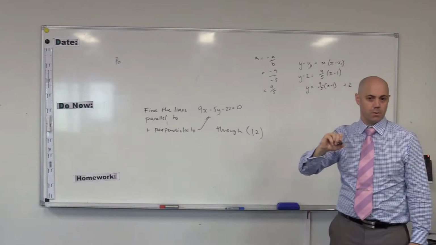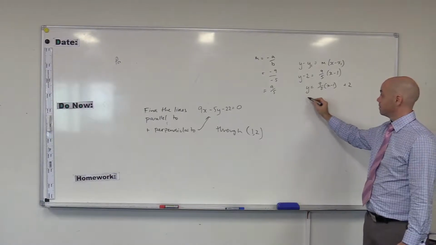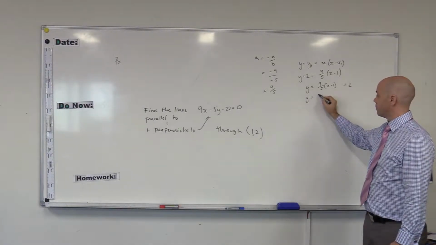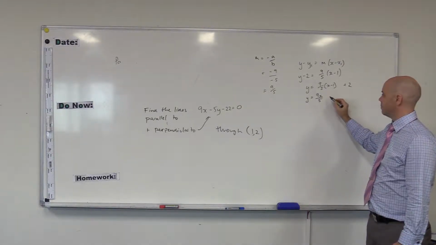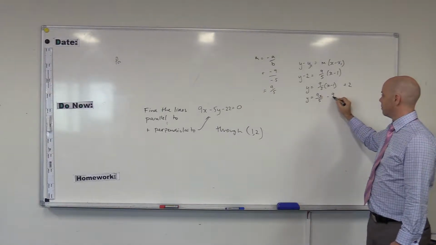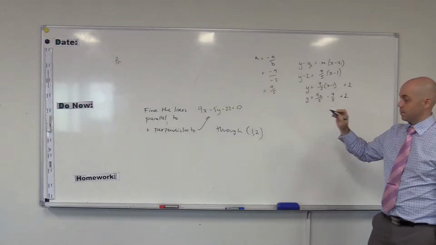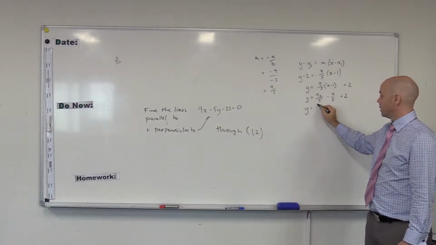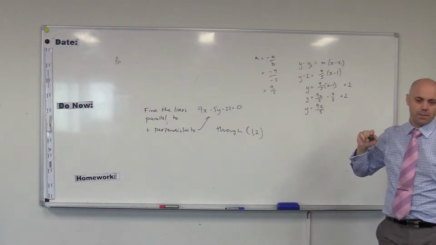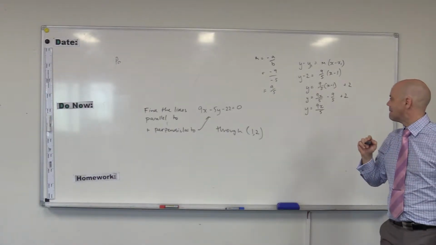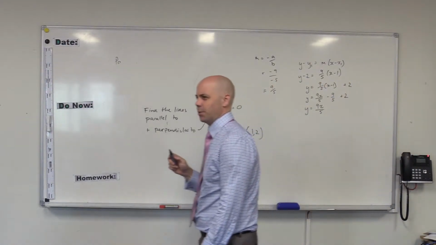A bit more work though. Can you times the brackets by 9 over 5? So y equals 9/5 x, and then negative 9/5, plus 2. How do we deal with that?